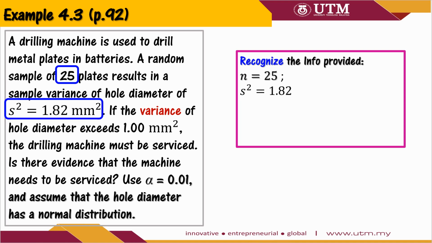If you look at the question again, is there evidence that the machine needs to be serviced? Whether the machine must be serviced or not depends on the variance of the hole diameter. Therefore, the parameter of interest here is obviously the population variance sigma squared.